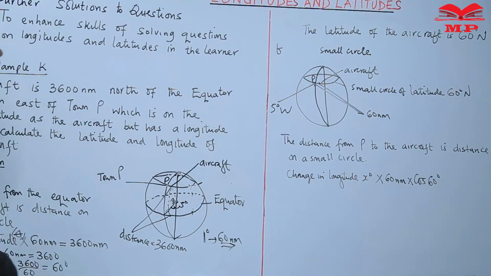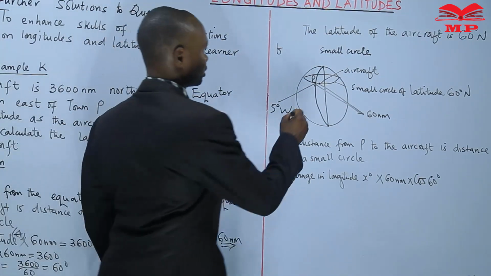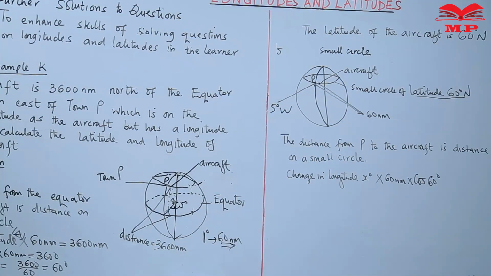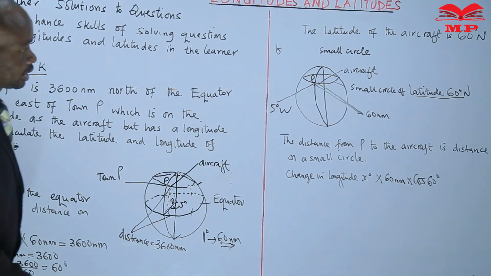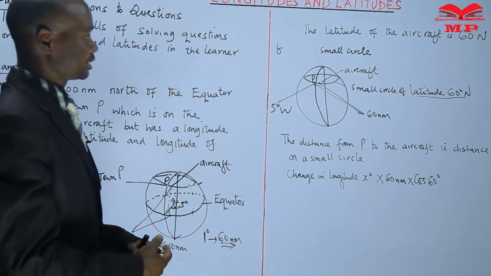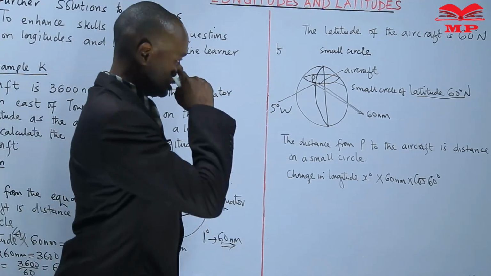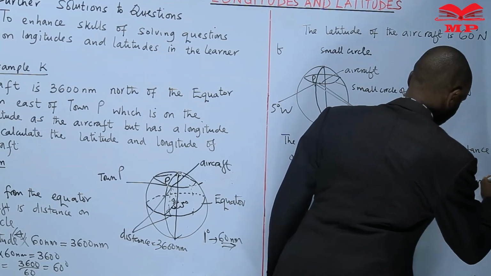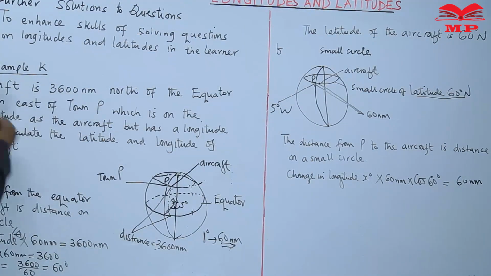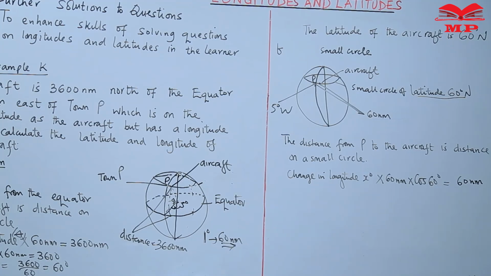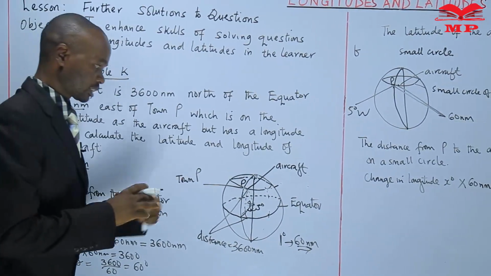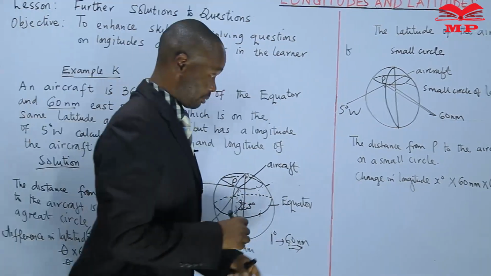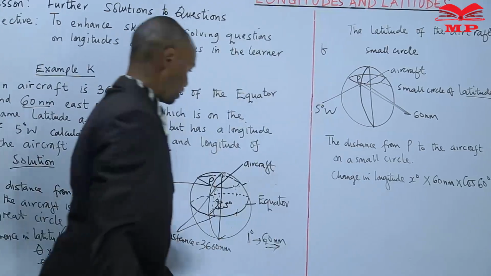Where do we get 60 degrees? It is on latitude 60 degrees. That's why you multiply by the cosine, because its radius is actually smaller than the radius you'll have at the equator. This will give you 60 nautical miles, which was given in the question. You realize since it was on a small circle, we are multiplying by the cosine of the latitude.